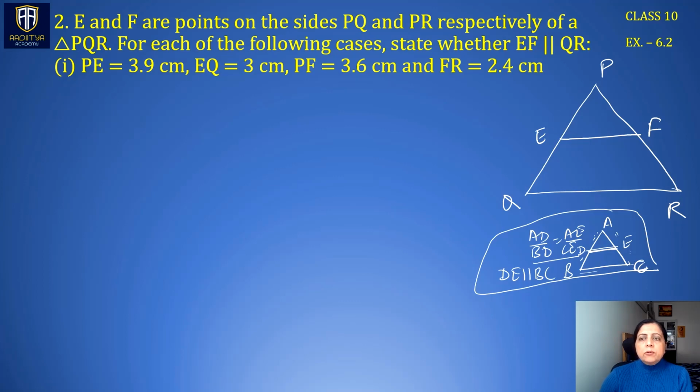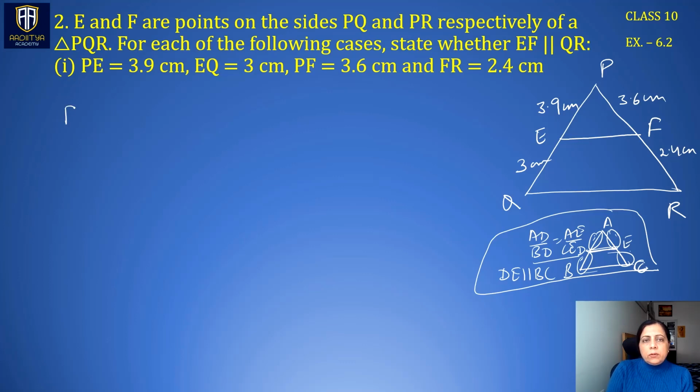So we have to check for the ratios of these corresponding parts on both the sides, right? In the first part, PE is given as 3.9 and EQ is 3 centimeters. PF is 3.6 centimeter, FR is 2.4 centimeter.